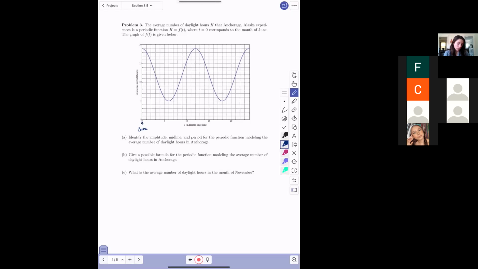In part A, we're told to identify the amplitude, midline, and period for the periodic function modeling the average daylight hours in Anchorage. It's probably best to determine either the period or the midline first, so let's start with the midline.